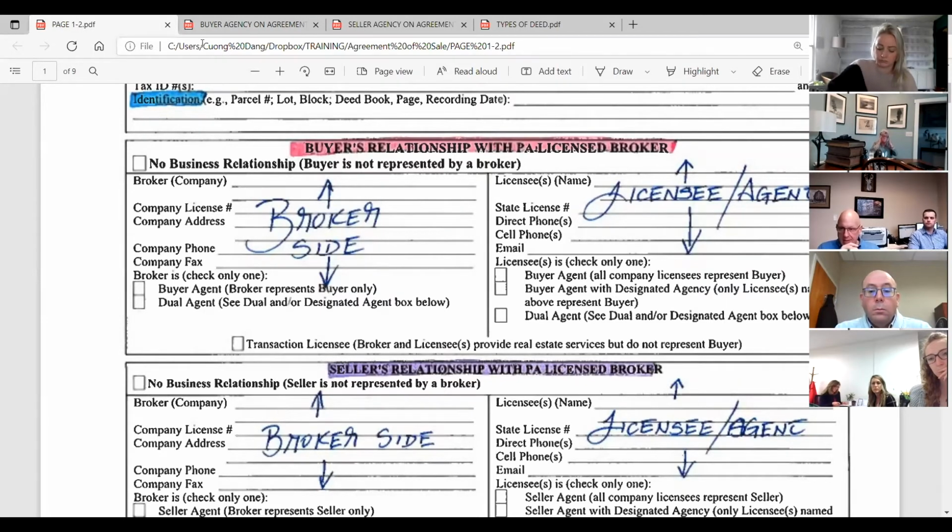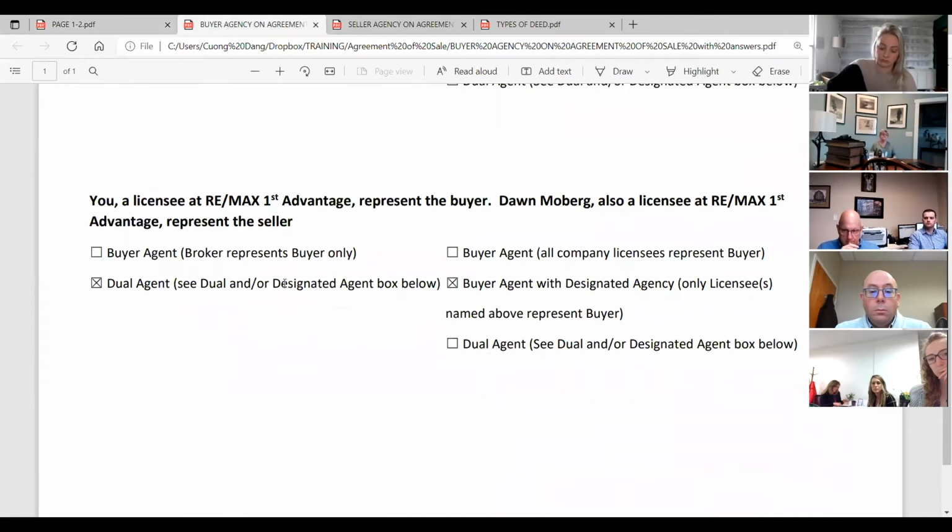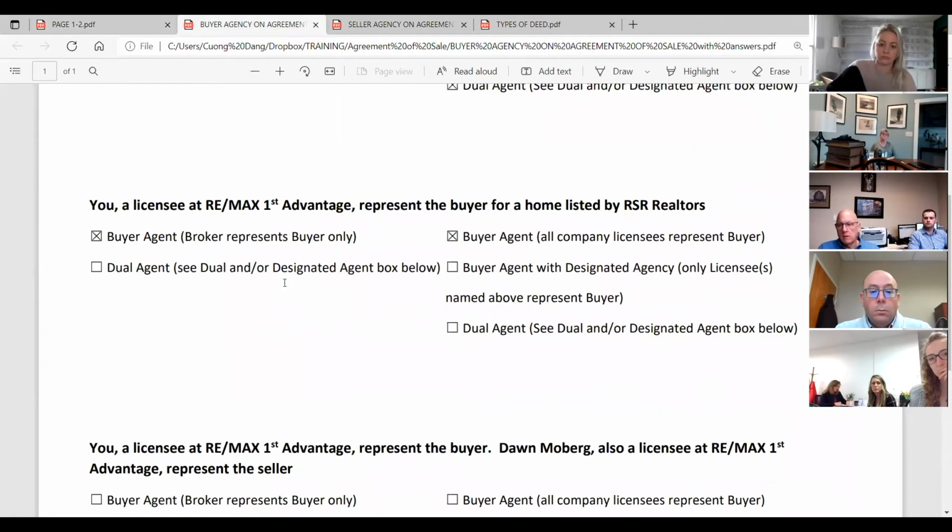The easiest way to explain it is that designated agency only applies when the company represents both the buyer and the seller. So if you're selling a Coldwell Banker property, you are a buyer's agent, not a designated agent. Designation only occurs when the company represents both buyer and seller.